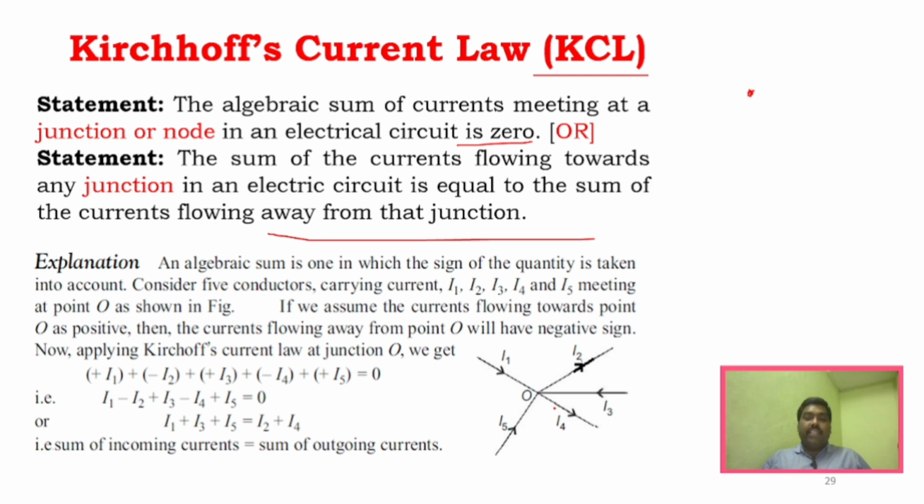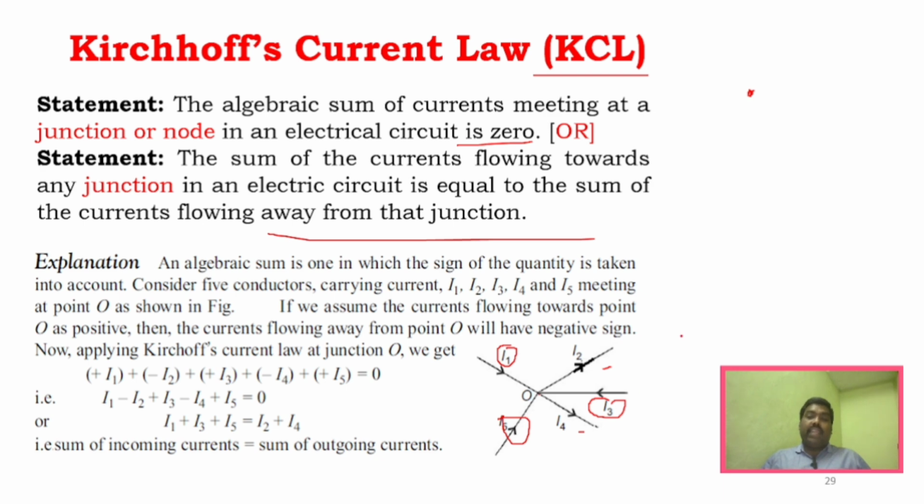And if you take this as an example, say you take 5 current carrying conductors meeting at a particular junction, and you can see here currents I1, I3, and I5 are entering the node O, whereas I2, I4 are leaving the node.